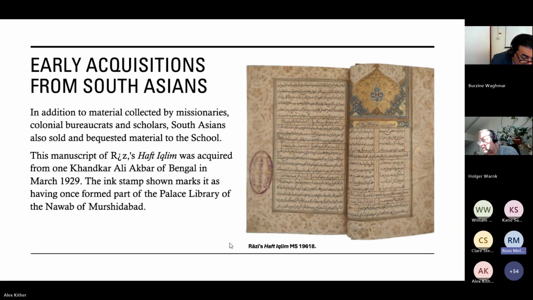So just in closing, I'd quite like to emphasize that as well as the large bequests from missionaries, colonial bureaucrats, and scholars, which make up the mainstay of the SOAS manuscript sequence, South Asians themselves also sold and bequeathed material to the school from the earliest time, whether alumni or people in possession of manuscripts, etc. So this particular manuscript of Razi's Haft Iklim was acquired from one Kanka Ali Akbar of Bengal in the late 1920s.